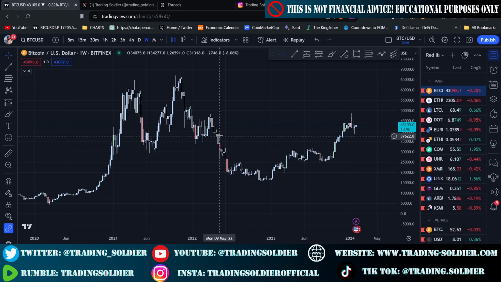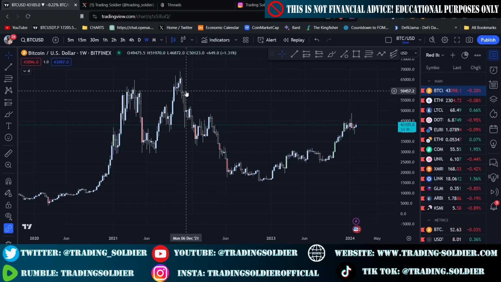I don't mind if it's Bitcoin, Ethereum, or the S&P 500. A resistance level is a level where a lot of people are willing to sell the asset. This has a lot to do with psychological price levels, and also with where liquidity in the market is sitting, so limit orders, where a lot of bids or asks are sitting in the market.